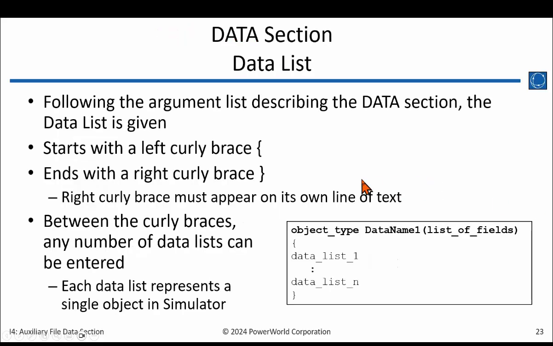And then again, the actual data occurs within the curly braces, an open one and a closed one. Normally each object's worth of data would occur on its own line, but that's not necessarily required.